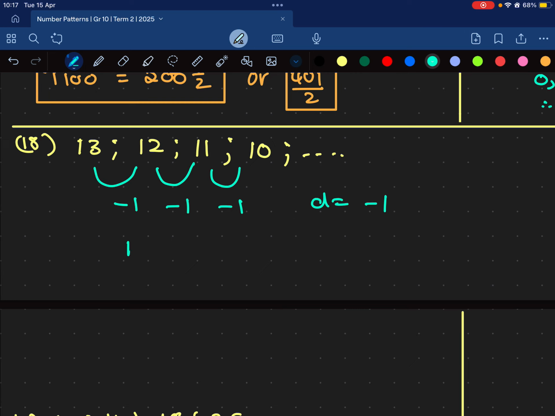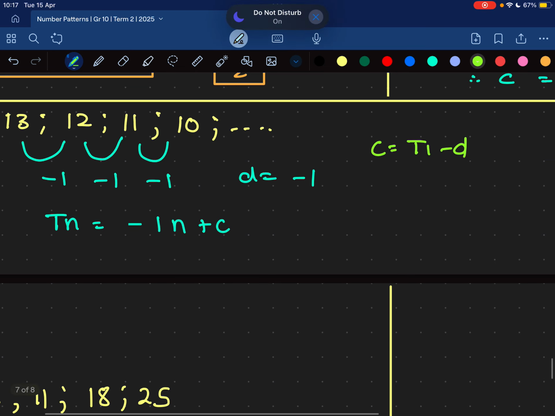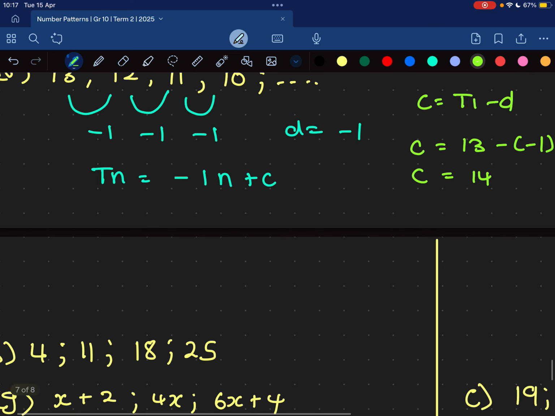So if Tn is equal to negative 1n plus c, then you can see your c is just T1 minus d. So c is equal to 13 minus negative 1. So your answer is going to be positive 14. Okay, don't forget your signs.